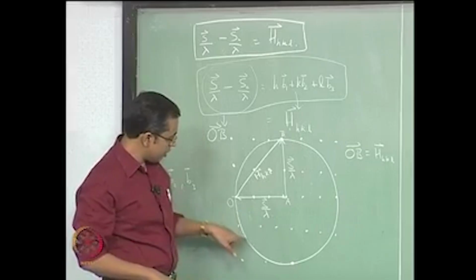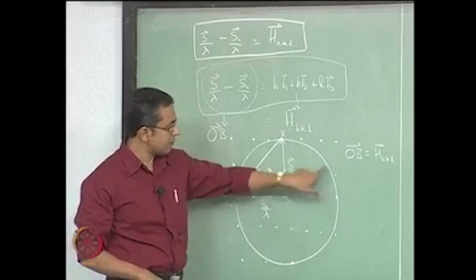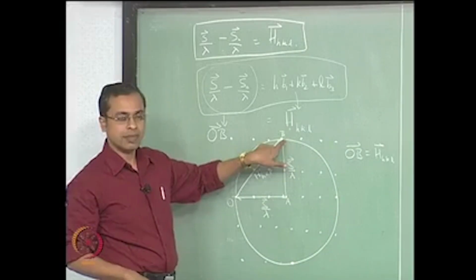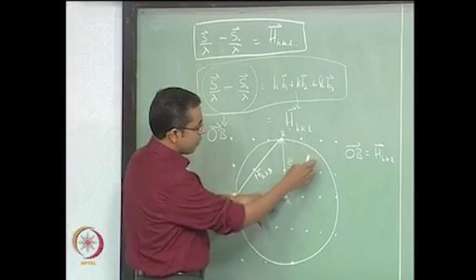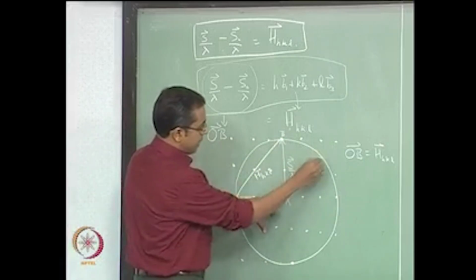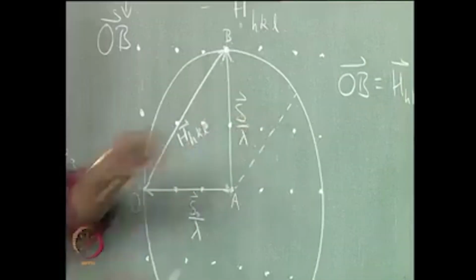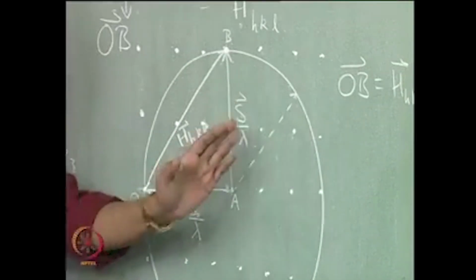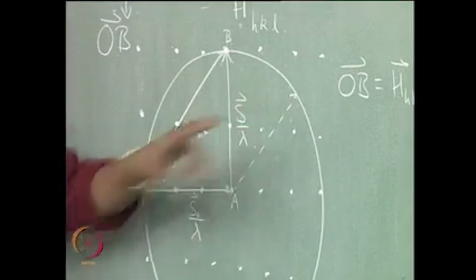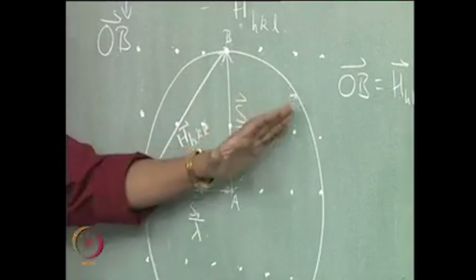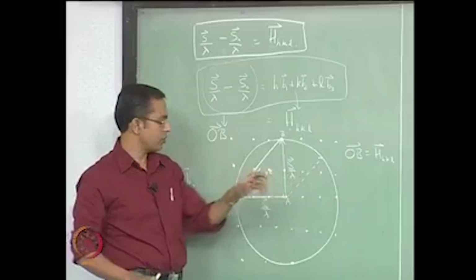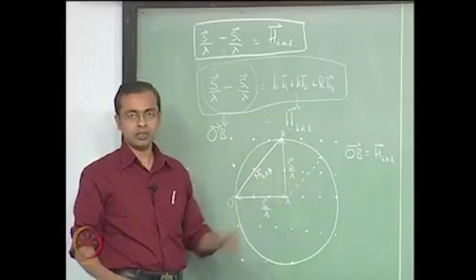And number 2, there are several regions of the circle which are not touching any point, okay. So if you looked for diffraction in this direction, for example, I will just draw a dotted line here, okay. So this is another s by lambda direction, again the magnitude is still 1 by lambda, but it is in a different direction, so a different s, okay. So if you want to call this S1, that is the S2 direction.